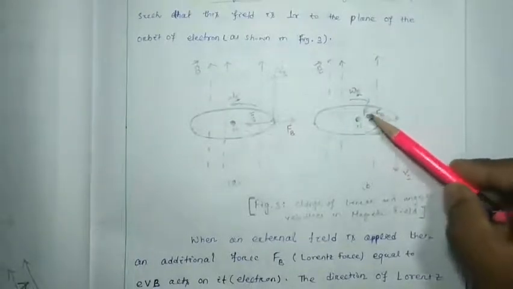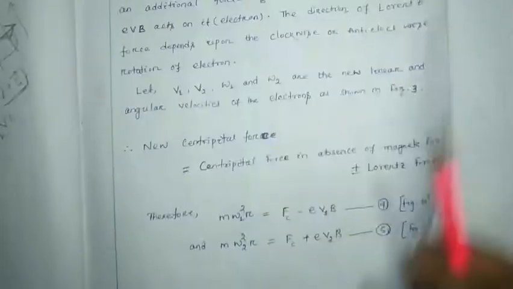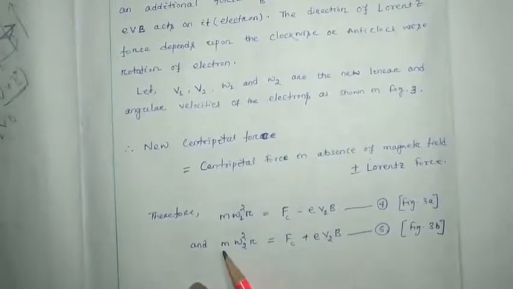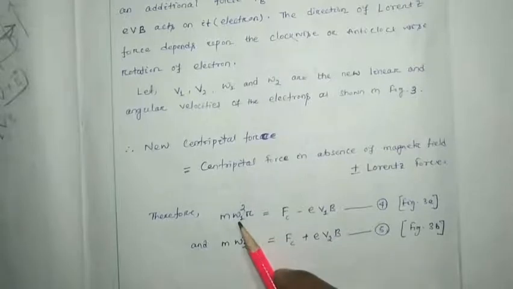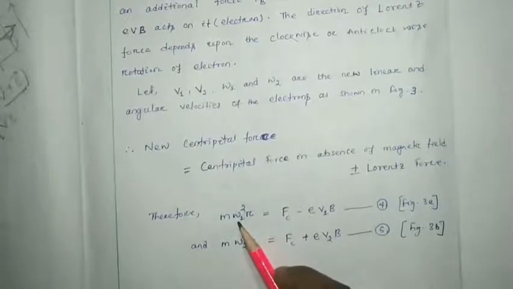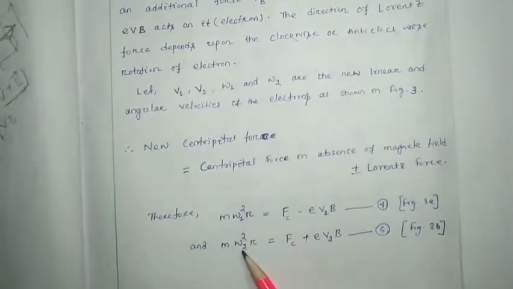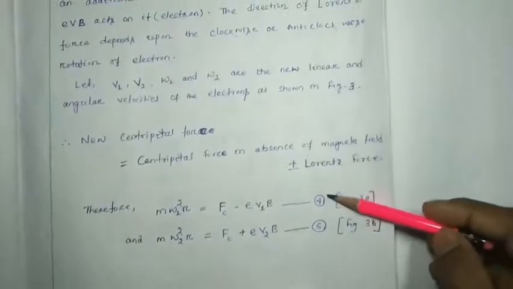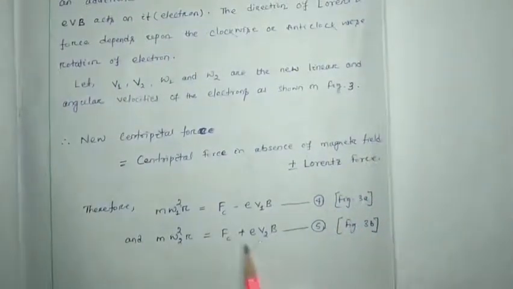So both are going to add up. So Fc plus e v2 B is equal to m omega2 square r. Here omega1 is the new angular velocity of electron 1, and omega2 is the new angular velocity of electron 2. Let it be equation number 5, and this is represented in figure 3b. Okay, next we have to move to the next page.